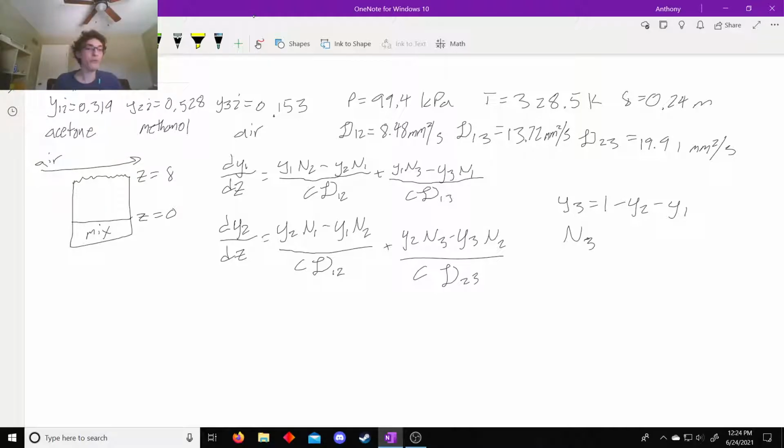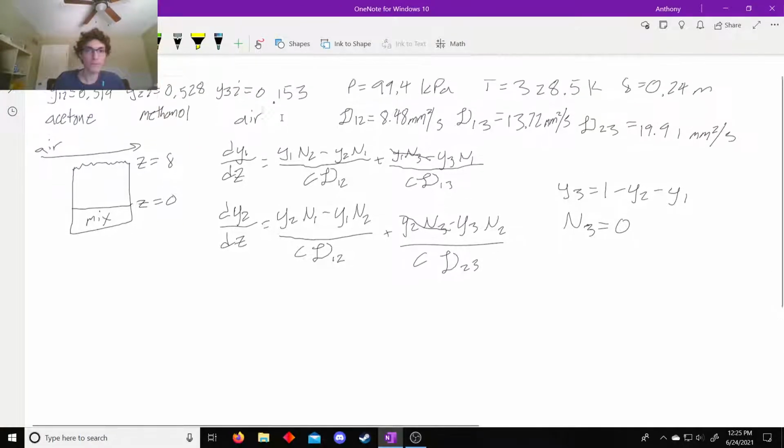And if there's no diffusion happening there, since we're working with a rectangular system here, according to the equation of continuity, all throughout this entire system, the molar flux of air is equal to 0. And that's from the equation of continuity. Again, if it's 0 at the interface, it must be 0 all throughout. So that lets us remove this term and this term, since N3 is 0.